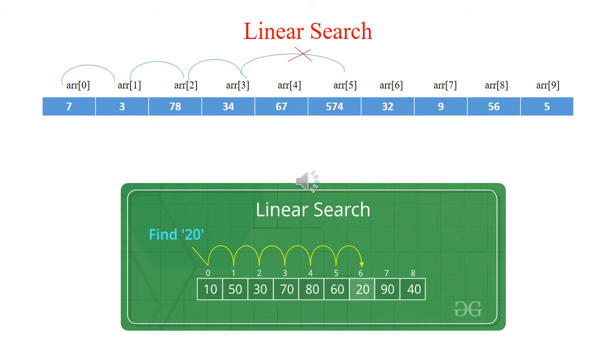Here we are discussing two examples for linear search. The blue color array is of size 10, ARR0 to ARR9, and there are 10 elements stored in the array in a random way. They are not sorted, they are not arranged in any order.